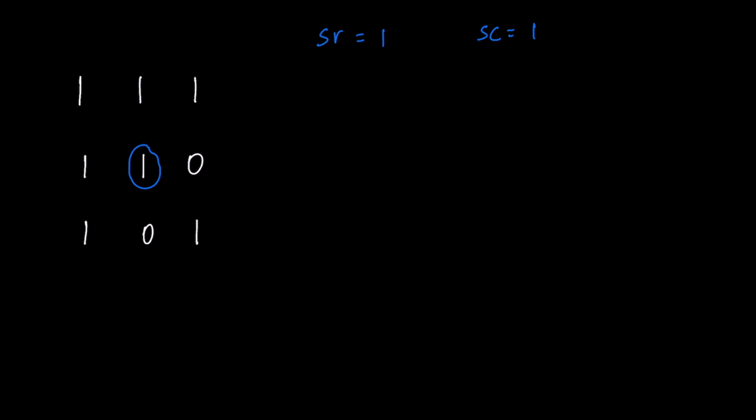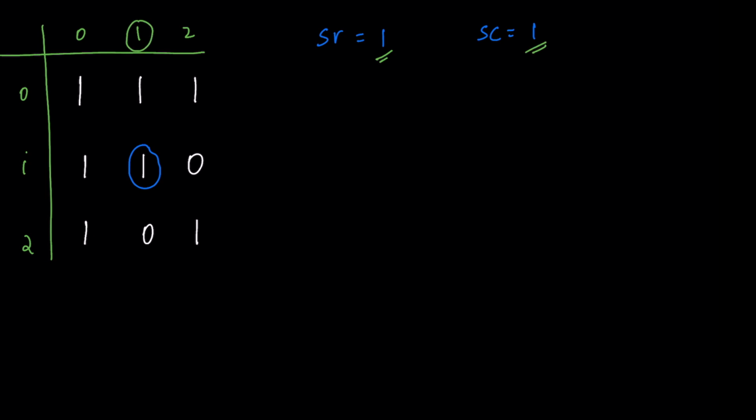Because this is a 0 indexed grid, let me add labels on this grid to show which row and column we're at. There we have the grid, and we can see that the starting row 1 and the starting column 1 point to the value in the middle. Here we can see that the color at the starting position is a value of 1.